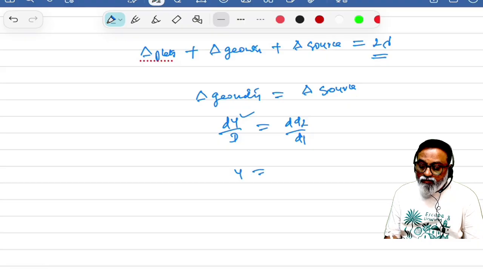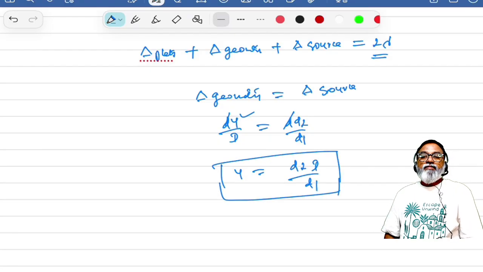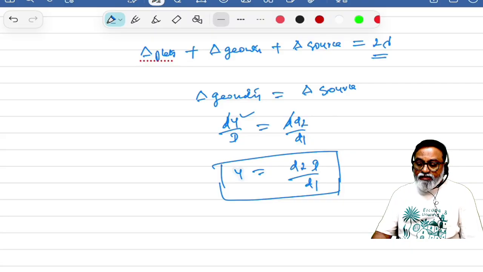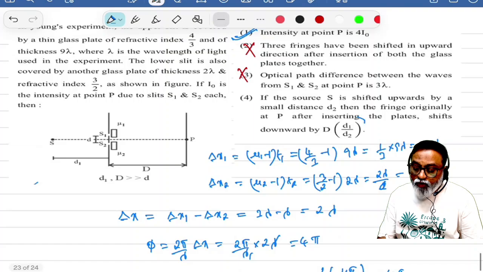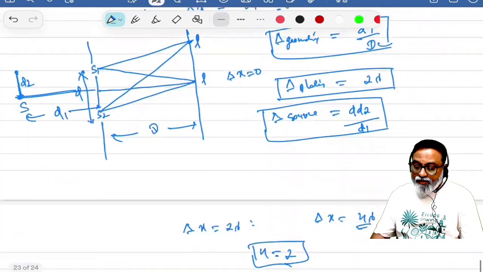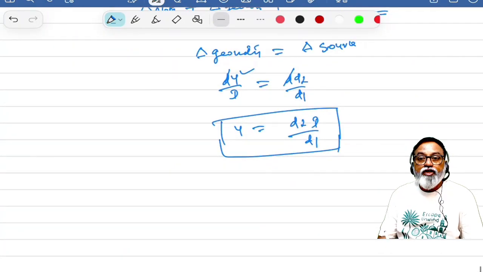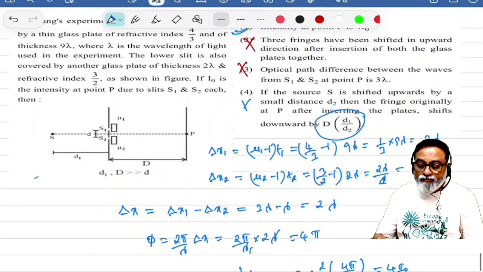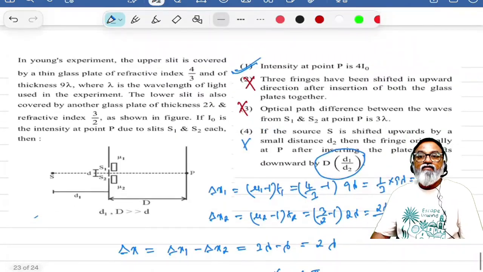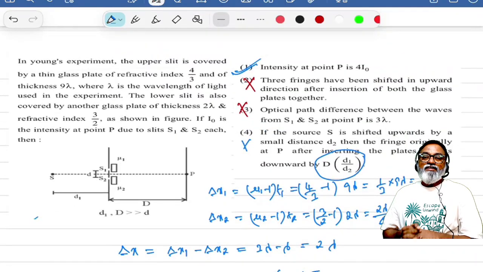Therefore, d gets cancelled, and y is equal to d2 into D by d1. This is the shift of the second order bright fringe from point P downwards. In the option, it is given as d into d1 by d2, but here it is d2 into D by d1. Therefore, option 4 is also wrong. Therefore, only option 1 is correct. See the concept. How interesting. Okay.